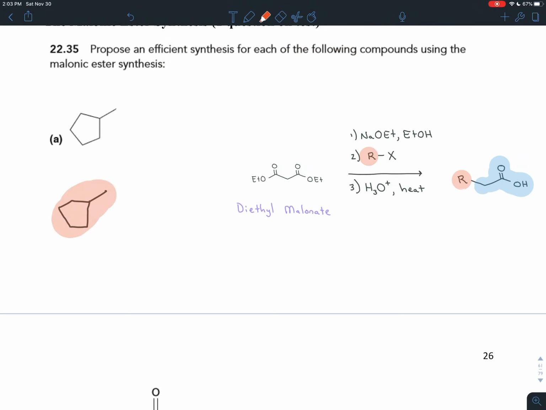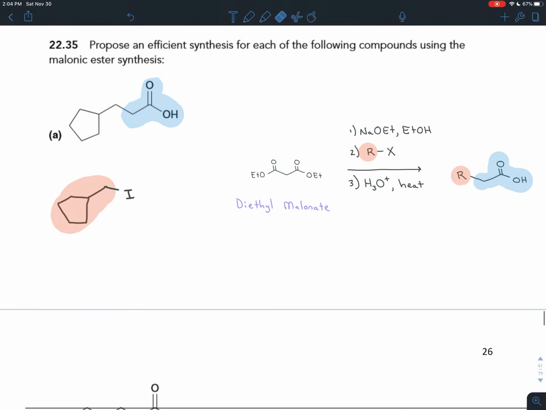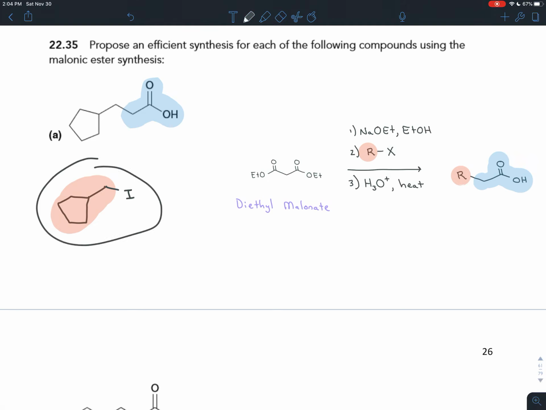All we have to add on to that is the halogen. That capital X is either chlorine, bromine, or iodine. Doesn't matter which one you choose. I'm going to use iodine. Any leaving group would be fine. And so you can see how you can use the carboxylic acid they give you to figure out what the specific alkyl halide is that you want to add in.